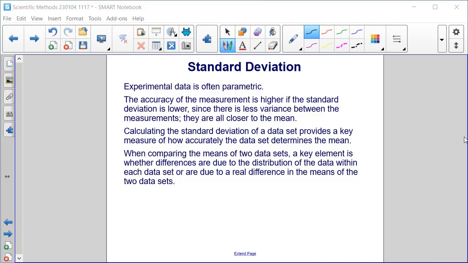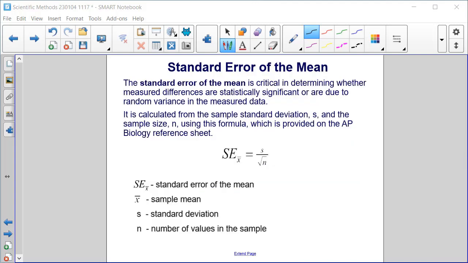When comparing the means of two data sets, a key element is whether differences are due to the distribution of the data within each data set or are due to a real difference in the means of the two data sets. The standard error of the mean is critical in determining whether measured differences are statistically significant or are due to random variance in the measured data.